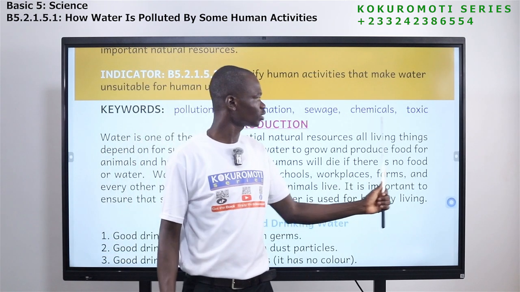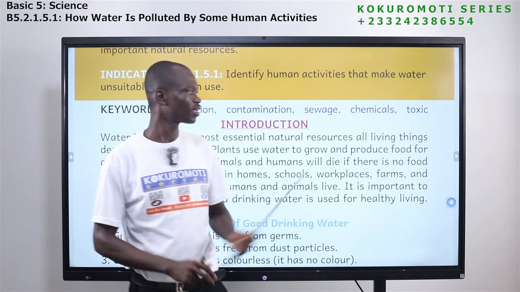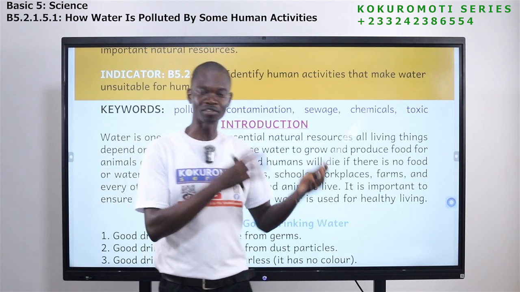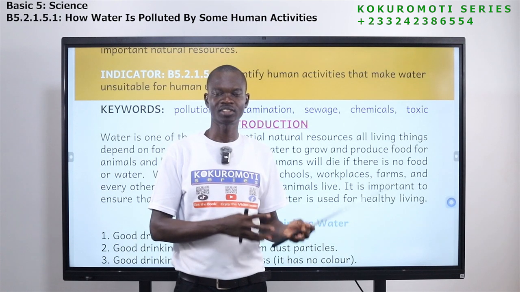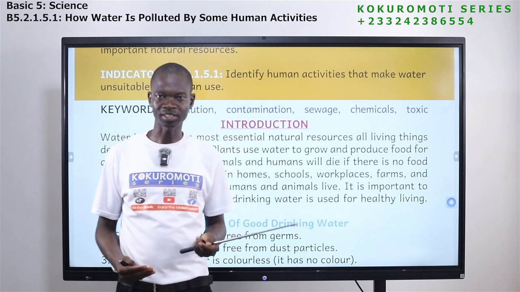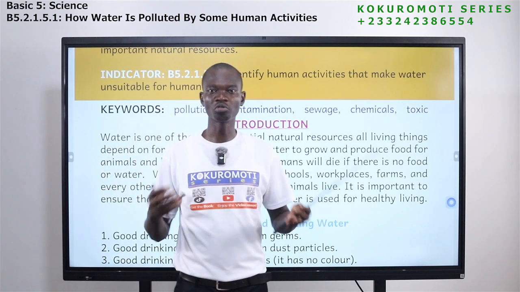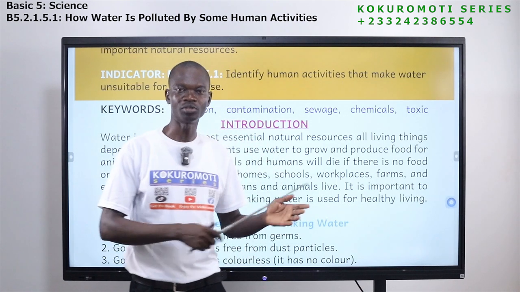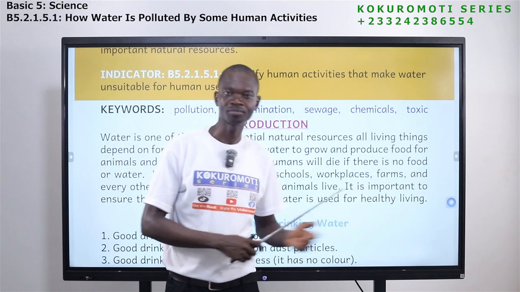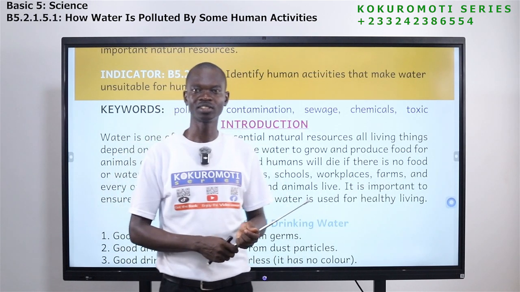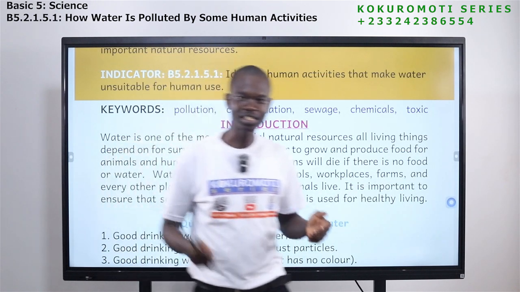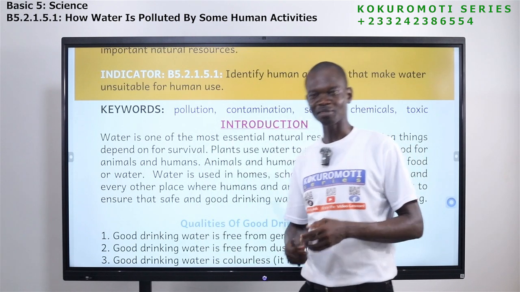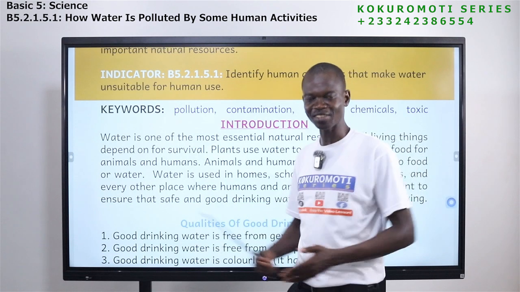Okay. Then the next word is chemicals. Chemicals are substances that are artificially manufactured. Chemicals are used for so many purposes. Most of the things that we use when we are farming, when we are weeding: we weed with a cutlass, but we have weedicides too that perform the same function for us.